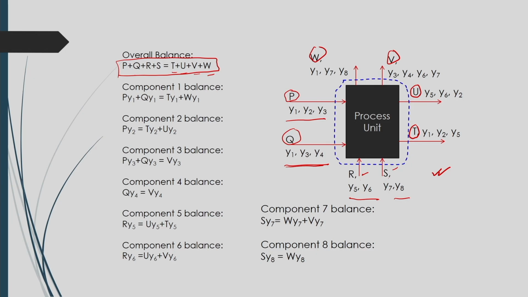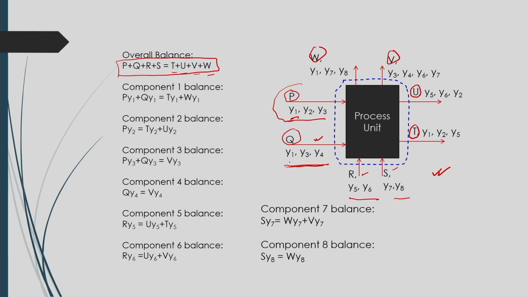Next, what you have to do? You have to do the material balance for each compound. Like here, for compound 1 balance, suppose compound 1 in the input has fraction Y1. So it will be P into Y1, this will be your compound 1 in this input. Again, in this stream the total amount is Q, with compound 1 at a fraction of Y1.